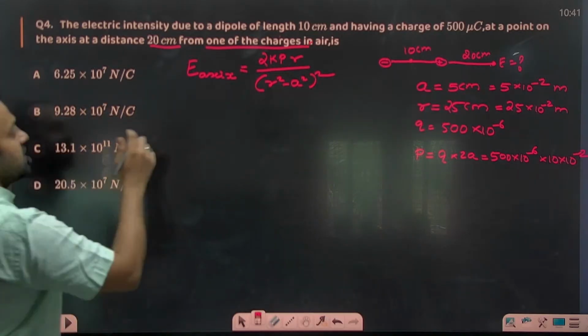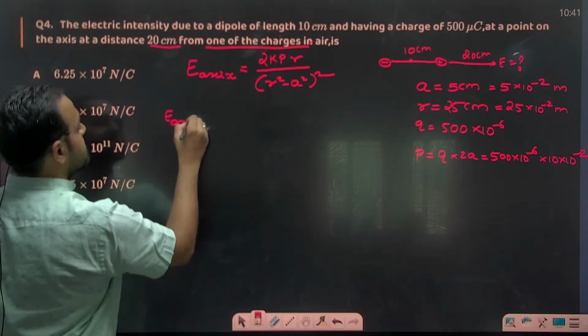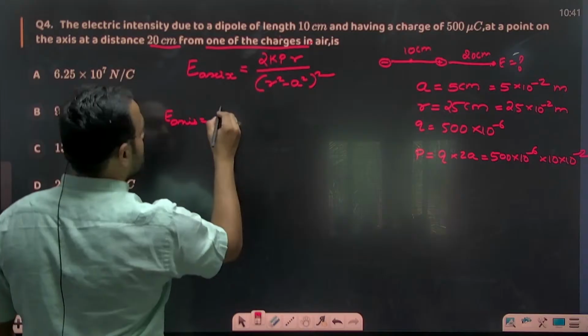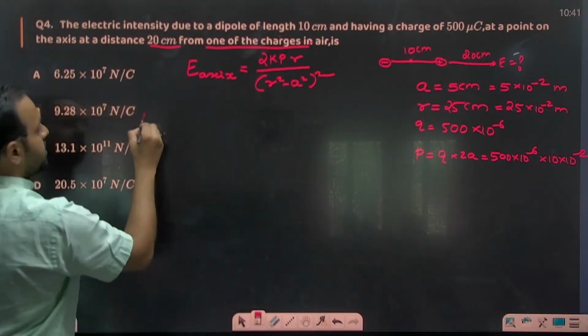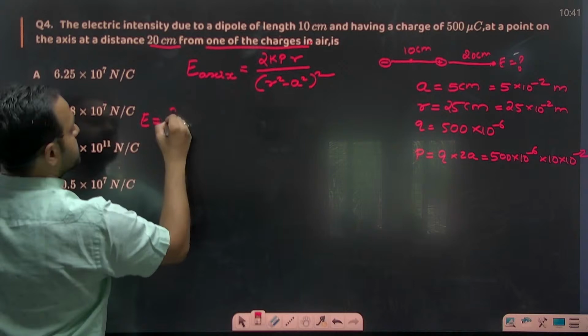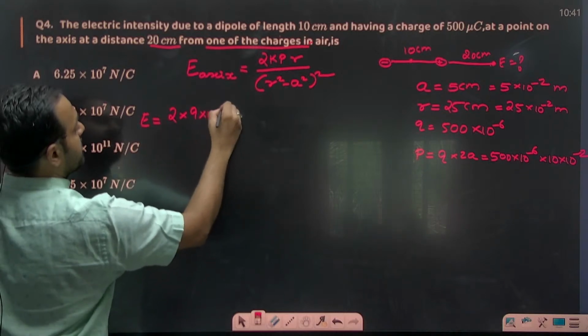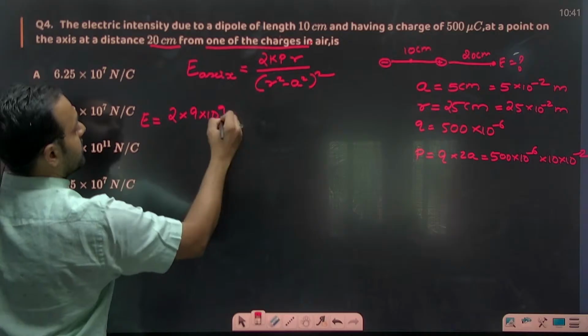Using all of those, the electric field on the axis at that point is 2 kpr divided by (r square minus a square) whole square. So 2 into what is the value of k? k is 9 into 10 power 9 multiplied by p. What is the value of p?